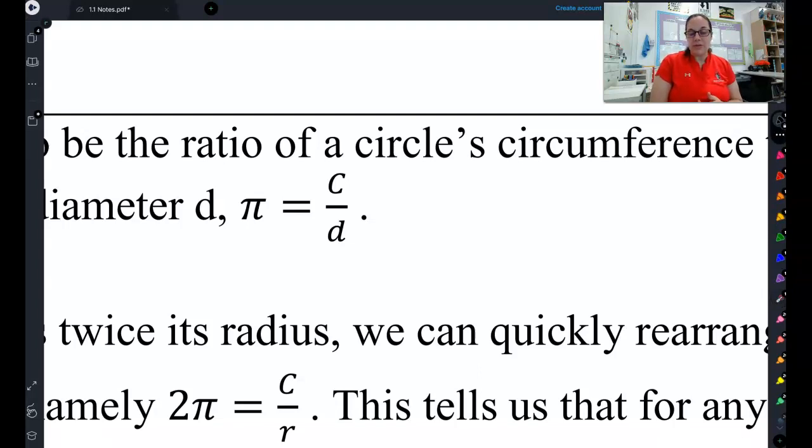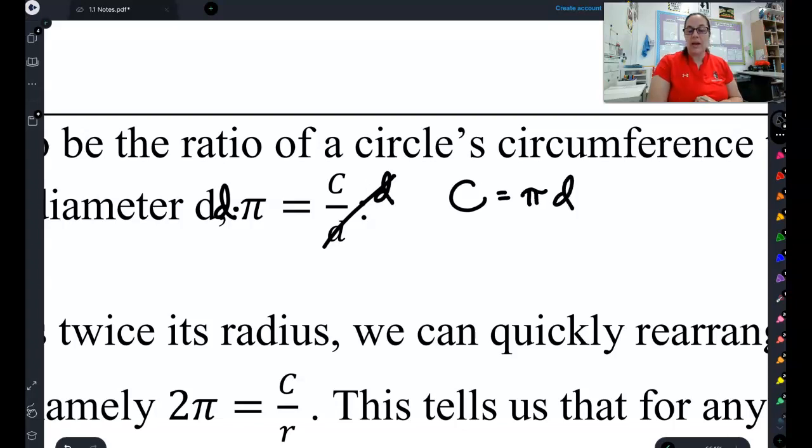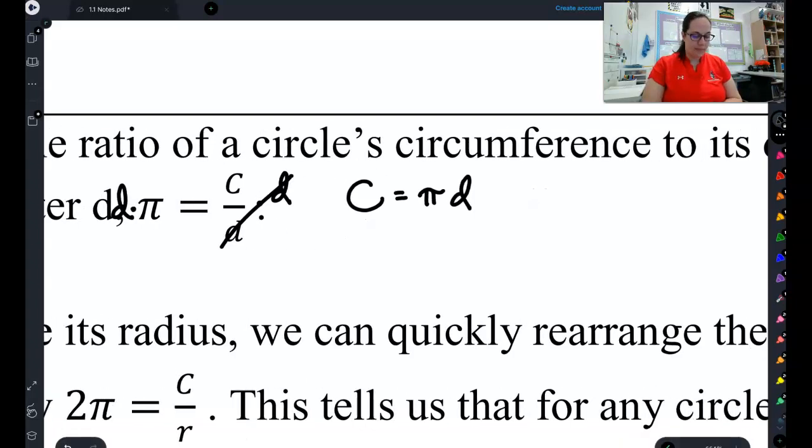Now what I would like to do is take this equation and rearrange it a little bit. I'm going to start off by getting rid of this denominator. I don't really like denominators, so I have the circumference equals pi times the diameter.